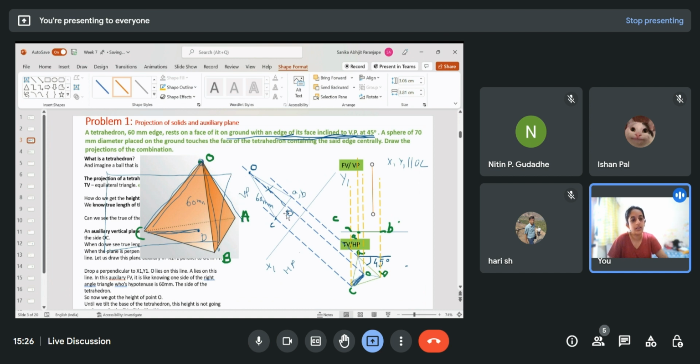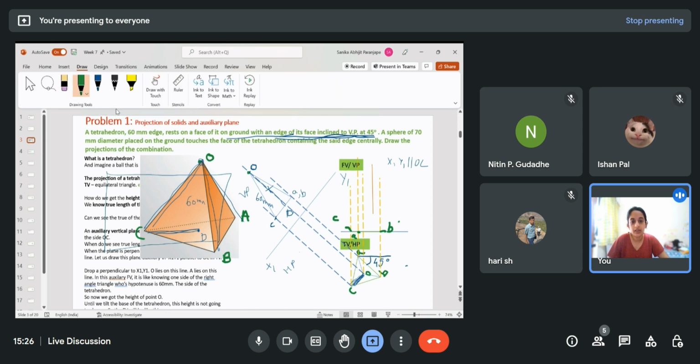So what I've done, I measured this length OD and I projected it here. But where should that line be? This height is from where? It is from the base to O. So where does the point O lie?